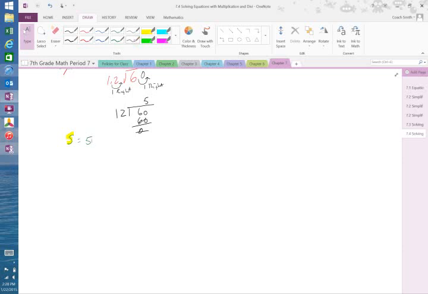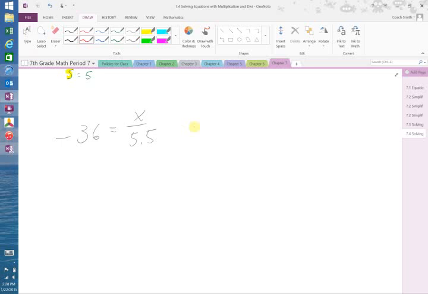All right, last one with decimals. Negative 36 equals x over 5.5. Now, negative 36 equals x over 5.5.